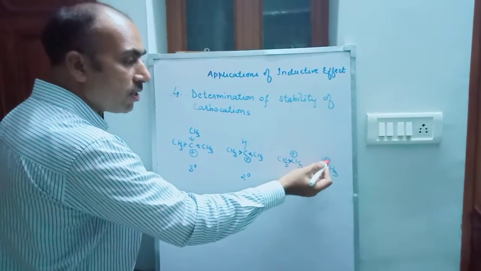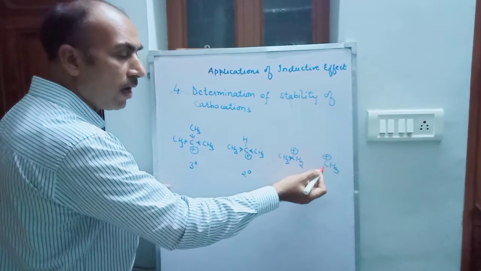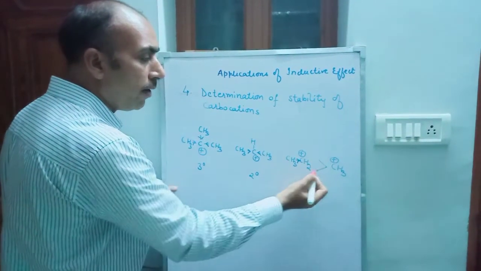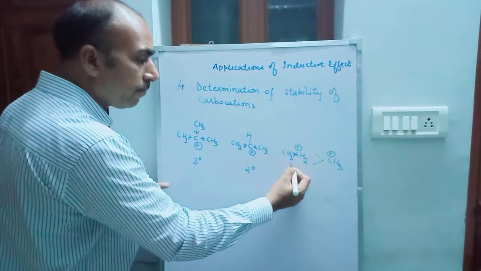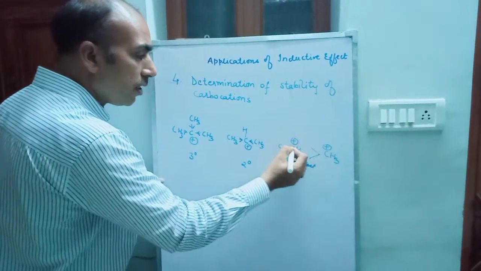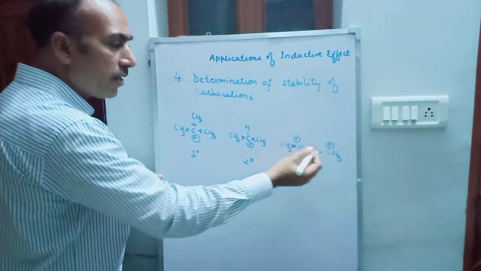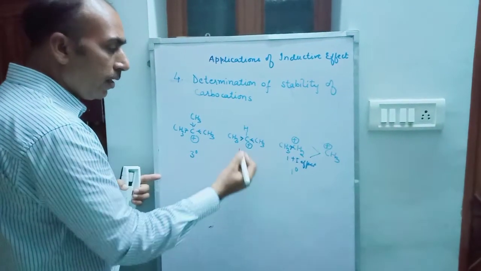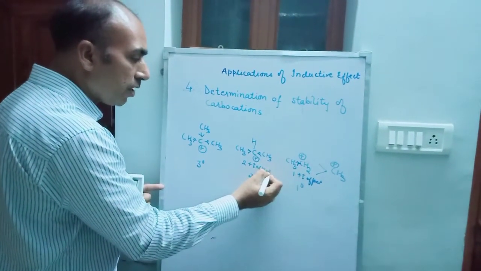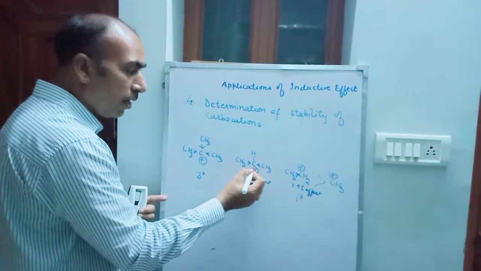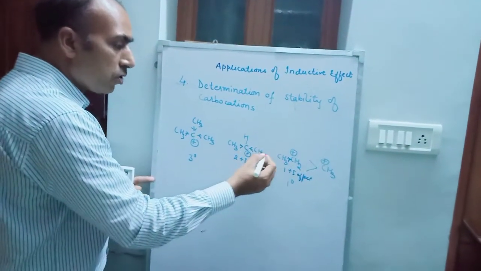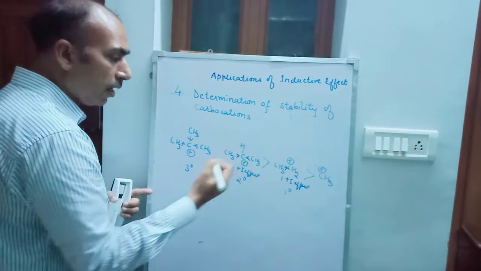so the highest positive charge density will be there on the carbon of the methyl carbocation, and therefore it is the least stable carbocation, and due to one plus I effect the density is decreased on the carbon, so the stability is more as compared to methyl carbocation. Here there are 2 plus I effects which decrease the positive charge density on the carbon more effectively as compared to the ethyl carbocation, so it is more stable than ethyl carbocation.